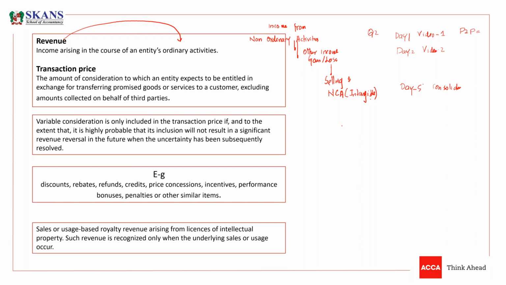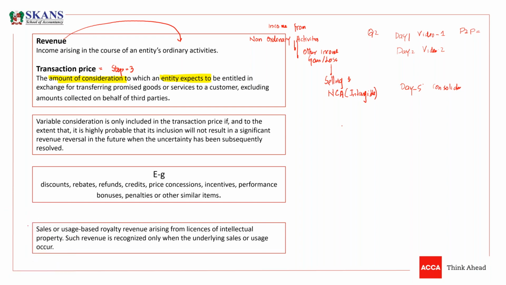Then, guys, we have transaction price. Determining the transaction price is step 3 in IFRS 15. They define transaction price as an amount of consideration. The most important words are that the entity expects to be entitled to in exchange for transferring promised goods or services, excluding amounts collected on behalf of third parties.